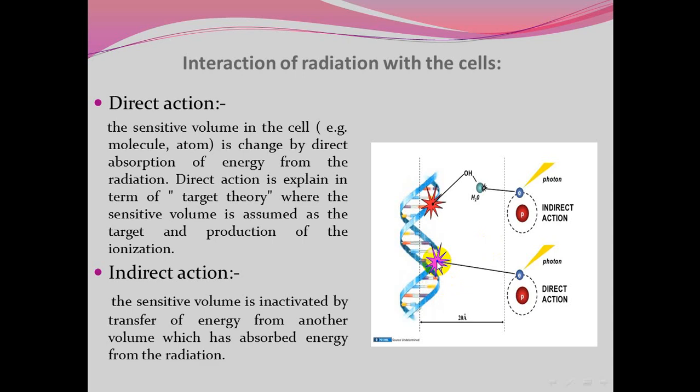The second action is indirect, when the radiation affects a molecule other than the target molecule, and this molecule under the action of radiation will suffer from radiolysis, and this leads to formation of free radicals, which may be OH or H free radicals, and these free radicals then will affect the sensitive volume of the gene material or the DNA.